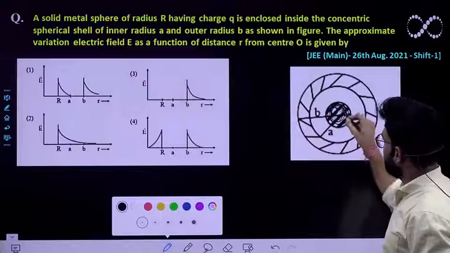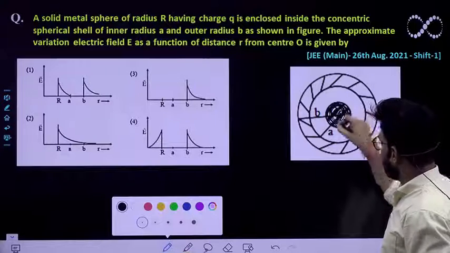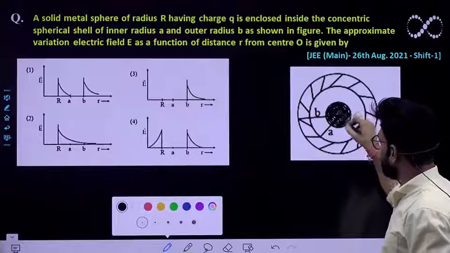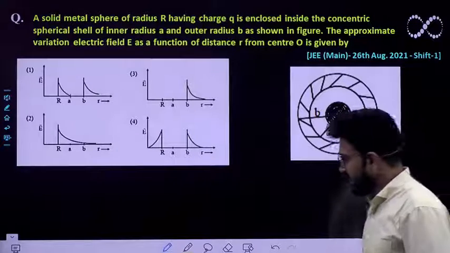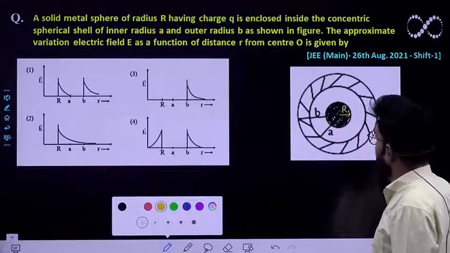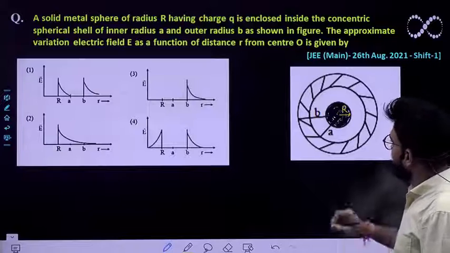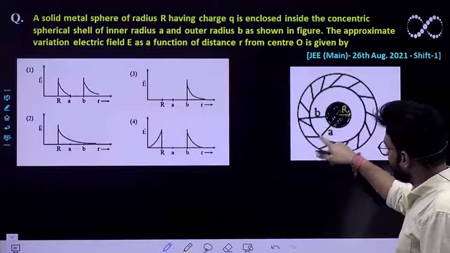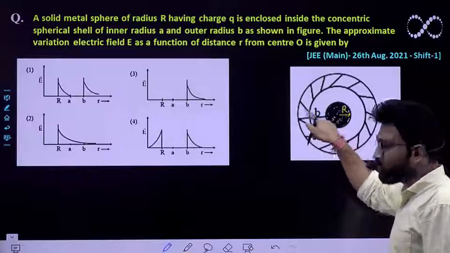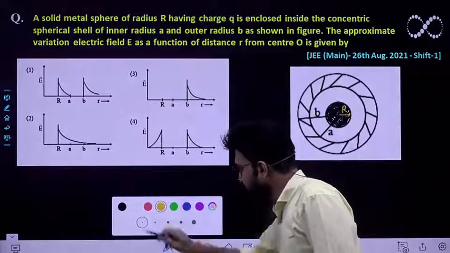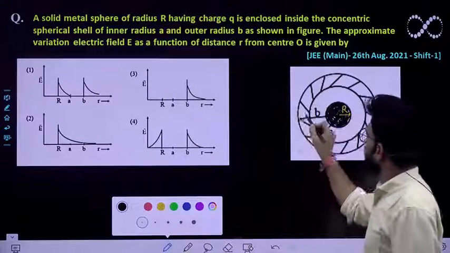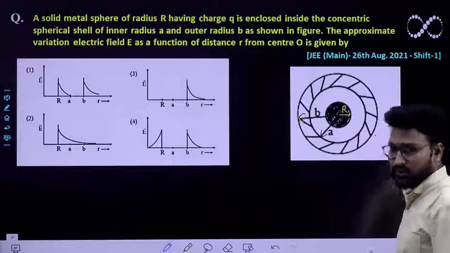Let this be the sphere, a conducting sphere whose radius is capital R, and an outer shell having inner radius A and outer radius B. This is the setup which has been given to you.